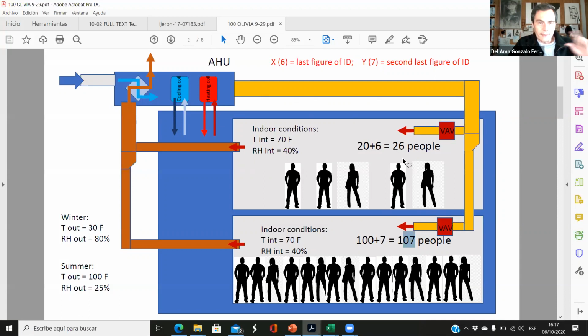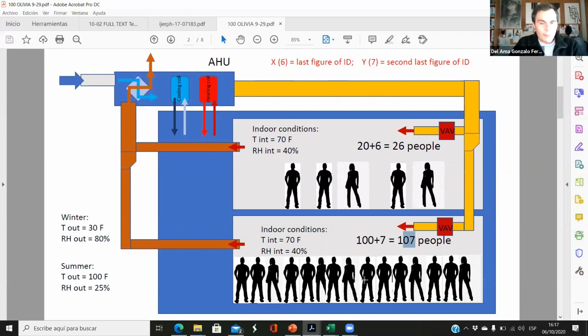So the system has to be intelligent, and someone has to tell the air handling unit that they need this flow, 107 plus 26, and this is the total flow. But here I only need 26 people, and here I need 107 people. So this is the variable air volume device. So we need both of them.